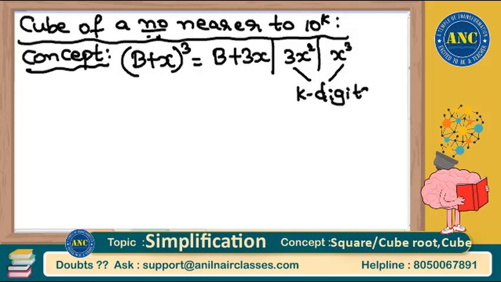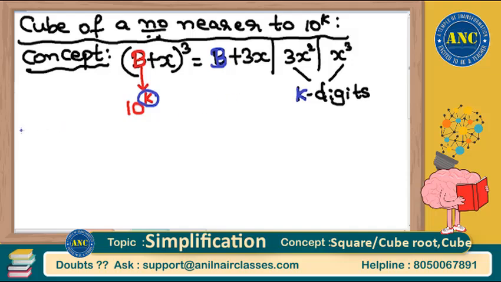Sir, what is this k? b is nothing but the base. It should be expressed in the form of 10 power k. k is nothing but the power of 10 in the base.